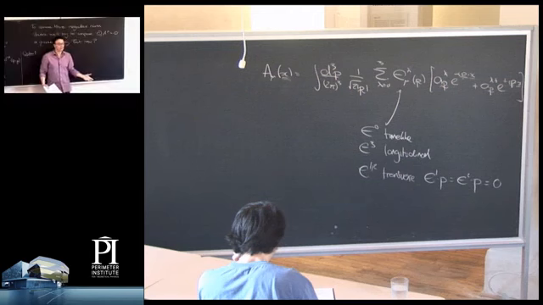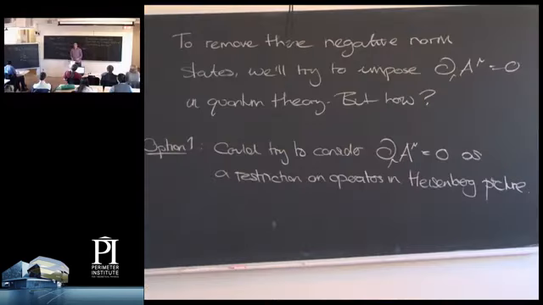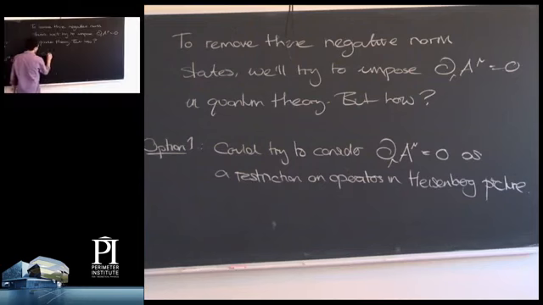I'm only going to consider operators that obey this constraint. So the first option is that you could try to consider this as a restriction on operators in the Heisenberg picture.